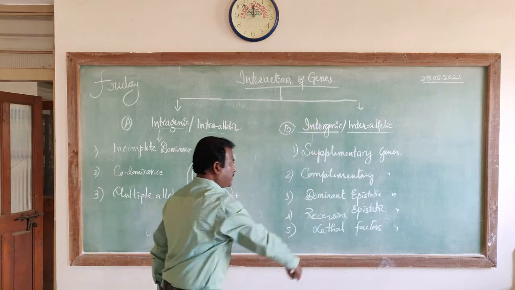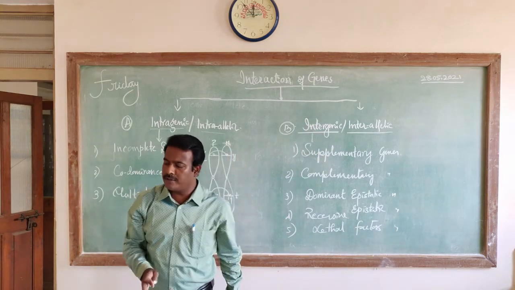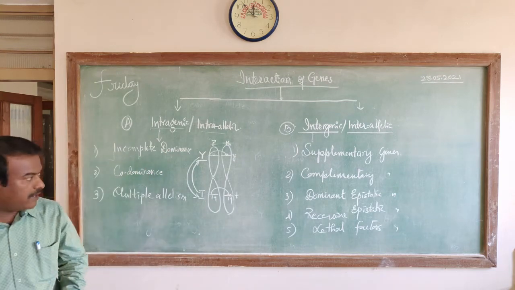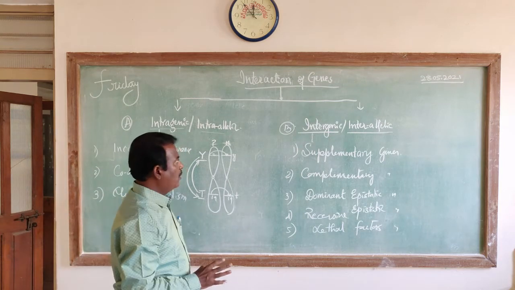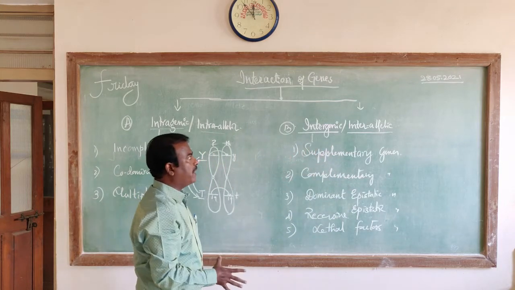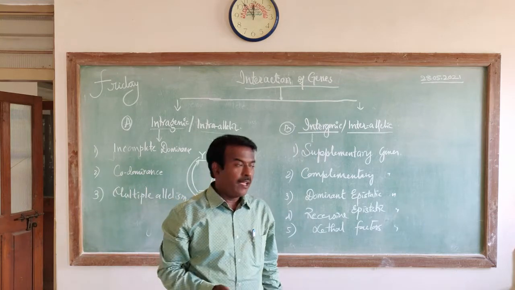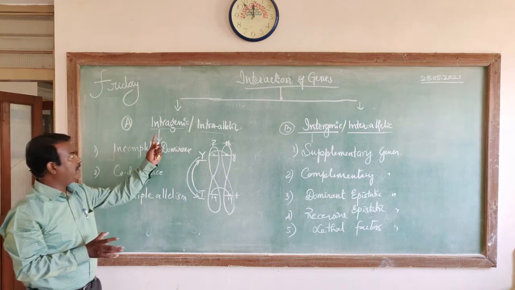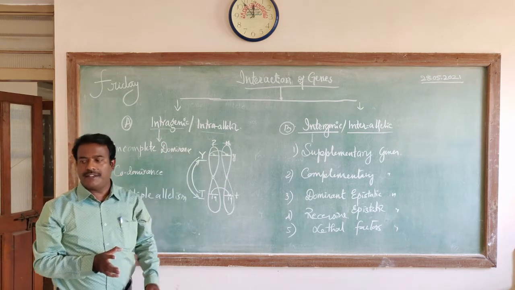We will discuss and understand each one of these five one by one very clearly, along with the examples, along with the experiments that are carried out in different species of animals. So this is the set of examples for understanding intergenic or interallelic interaction, and this is a set of examples for understanding intragenic or intraallelic interaction.